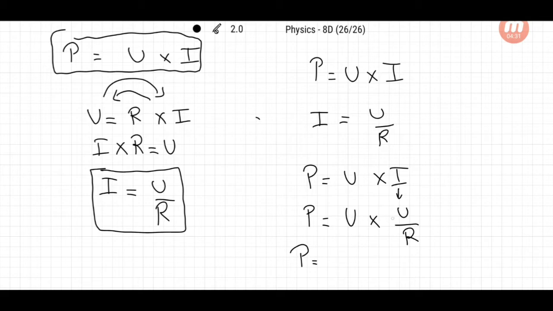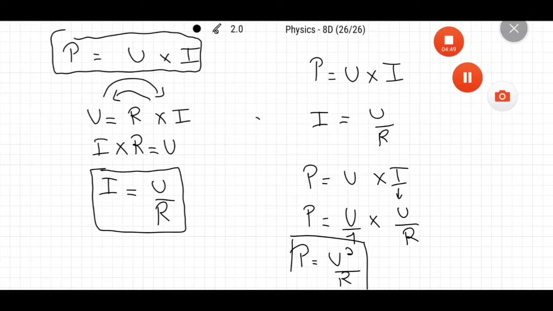P equals U times U over R, so it is U squared over R. So P equals U squared over R. This is the third formula for the power of a resistor.